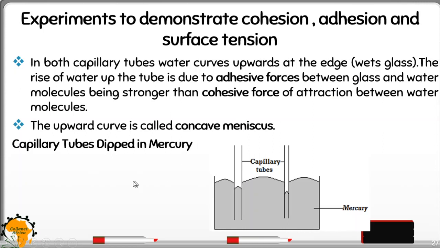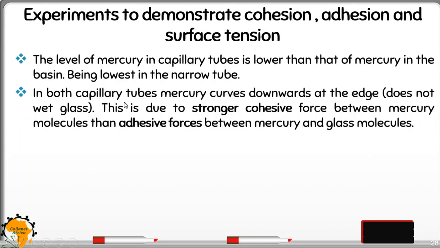Then we can have a second case where now we replace the liquid. We have the two capillary tubes, but in this case we use mercury. When you use mercury, note where we have the levels in the capillary. The mercury level is below the level in the basin. Why? Because the cohesive force is stronger than the adhesive force.